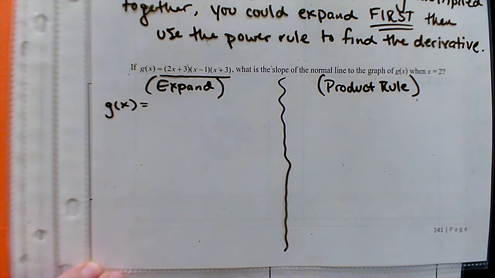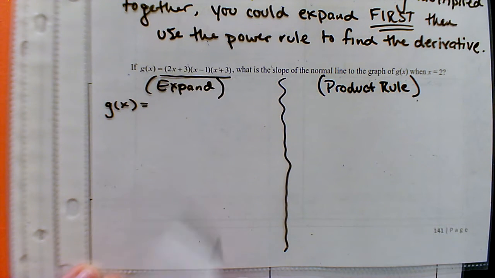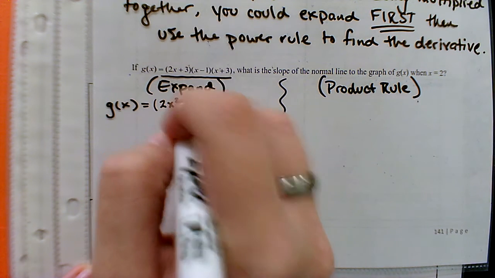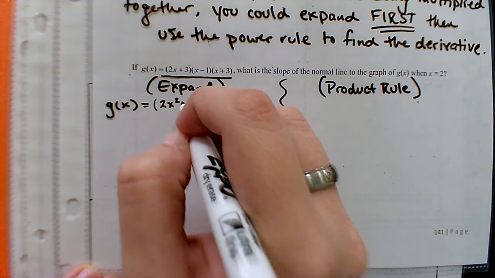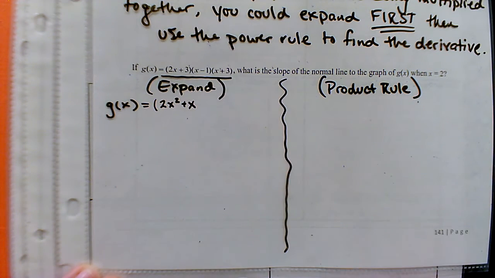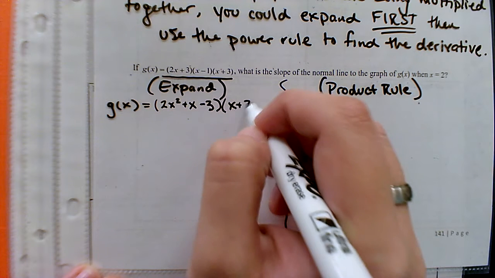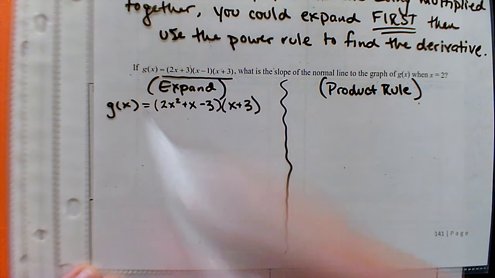So, if we were to expand this, going through a FOIL process on the first two terms, we would have 2x squared minus 2x plus 3x, so that would simplify to plus 1x. And then a minus 3. But we still have to multiply in that third quantity.